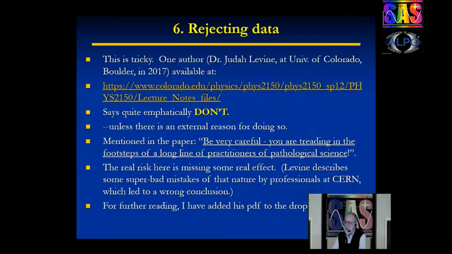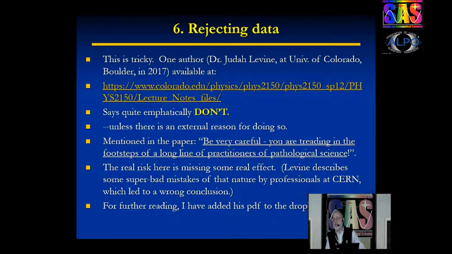So there are a whole bunch of bad scientists that have rejected data and come to all sorts of wrong conclusions because of that. And he mentions in there an example from CERN in Europe, and the American astronomers, of course, too.